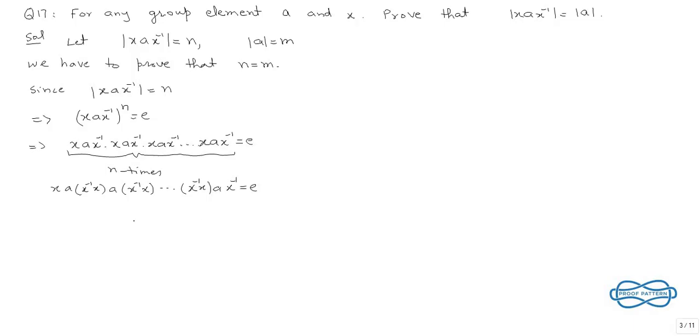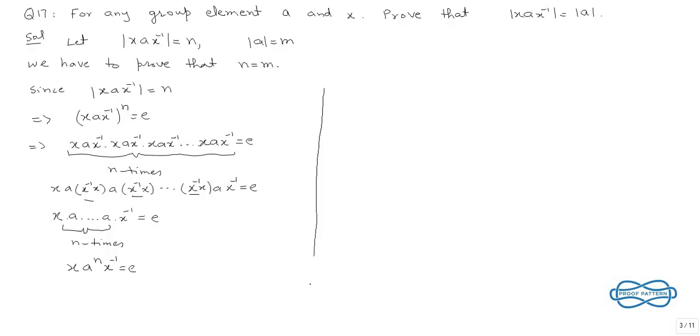These middle terms are identity because x and x inverse are being multiplied, and we get x a ... a x inverse is equal to identity, and these a's are n times, so we get x a^n x inverse is equal to e.